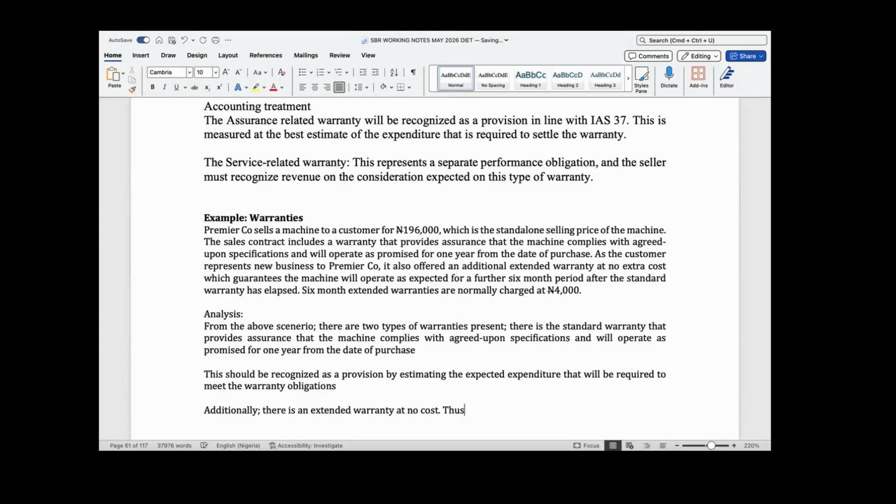Now, the reality is this is a separate performance obligation, and the entity must recognize revenue on this additional service. But the challenge is how much.